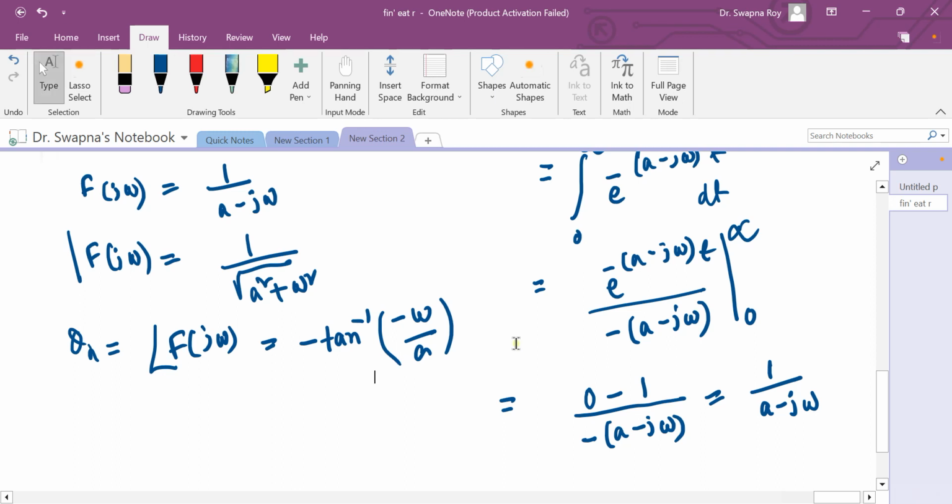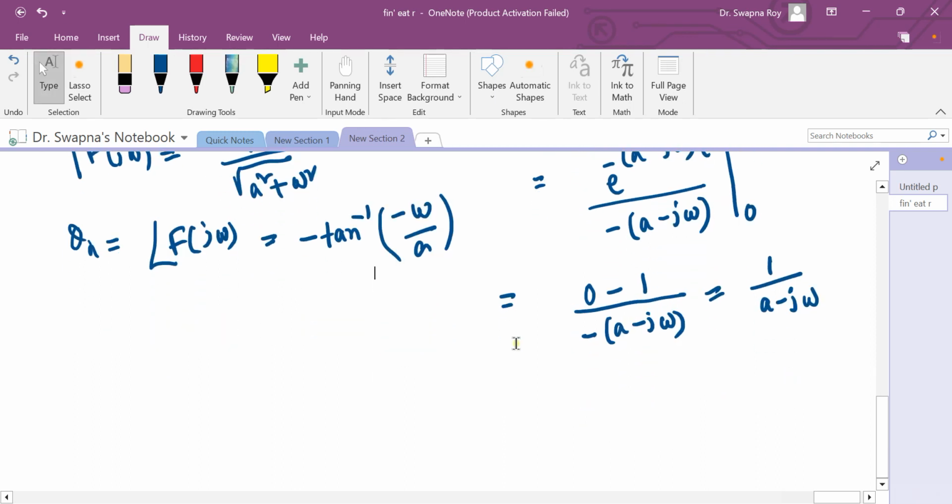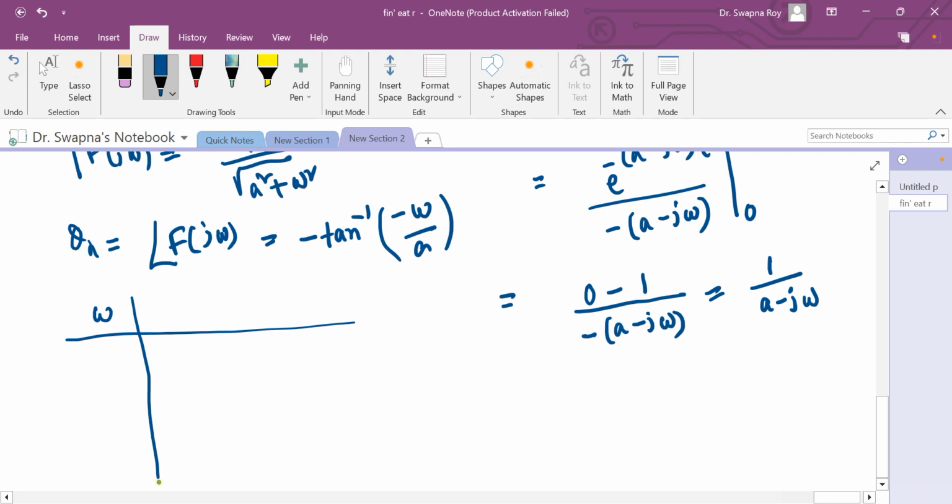Now I will make a table. First we will write omega, then the magnitude of F(j omega), then the angle of F(j omega).